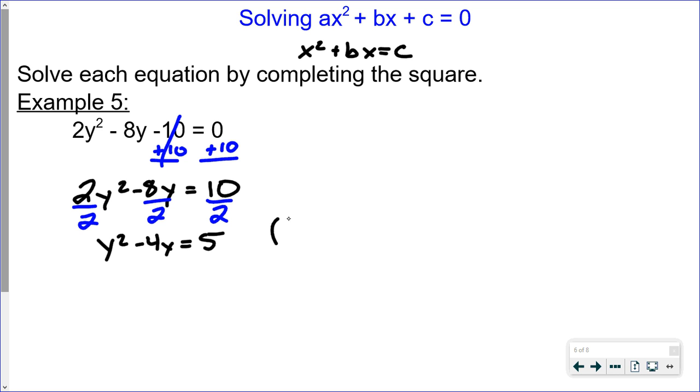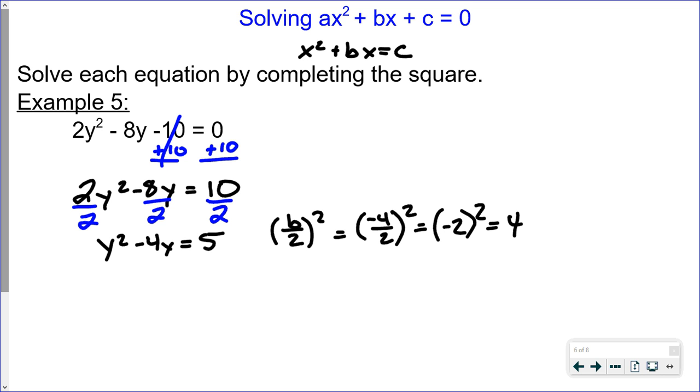So now we're going to find b over 2 to the second power. So that would be negative 4 over 2 to the second power. So negative 2 to the second power, which is positive 4. So now I'm going to add 4 to both sides.